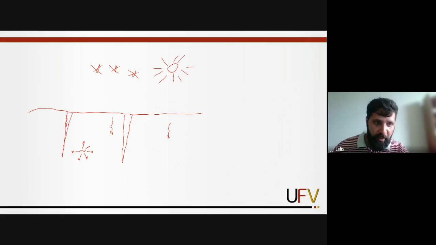And when the dry season comes, you don't have the rain, you have the sun and a high evapotranspiration. Your soil gets dry, and now you start to create some cracks in the soil. Why are these cracks formed?